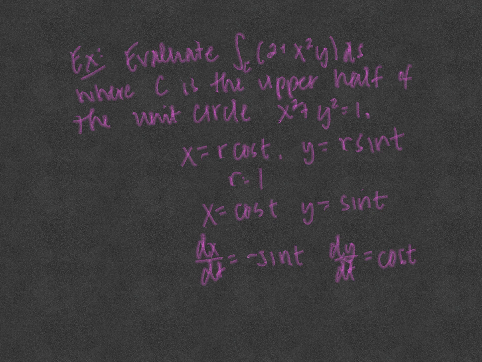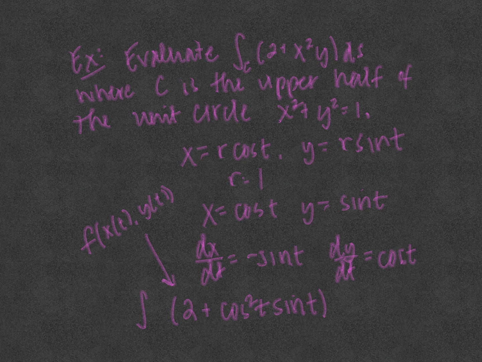Now we're going to take this equation that we have. We have the integral over c of 2 plus x squared y. Now x is cosine, so we have cosine squared t, and y is sine t. So this is our f of x of t, comma y of t.